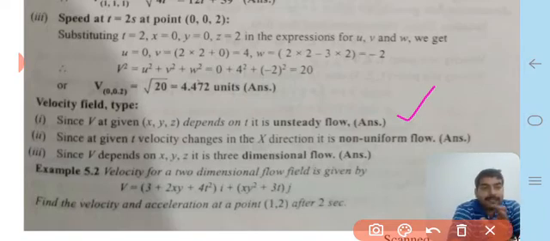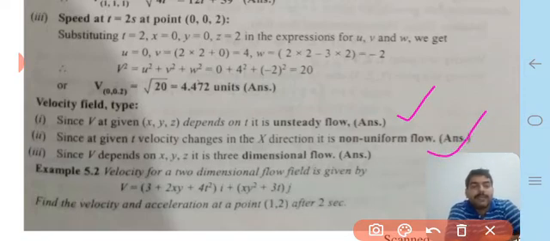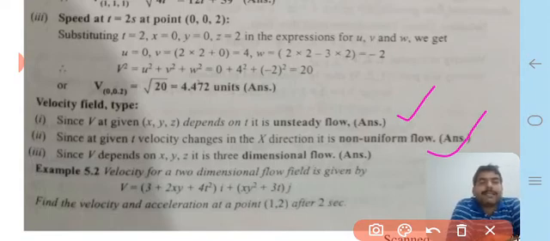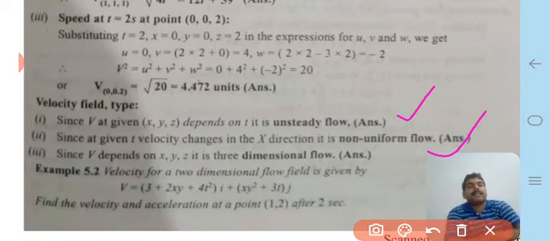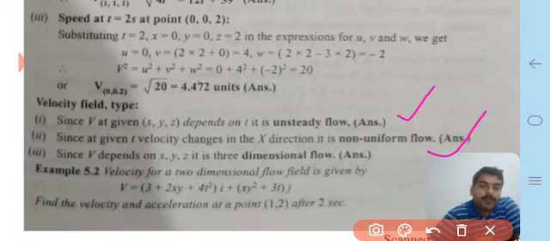Therefore, the velocity field is dependent on time, so the velocity is an unsteady type of flow. Second, since at a given time t the velocity changes in the x direction, it is non-uniform flow.